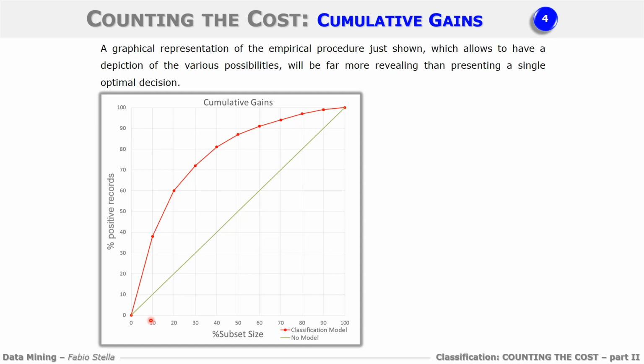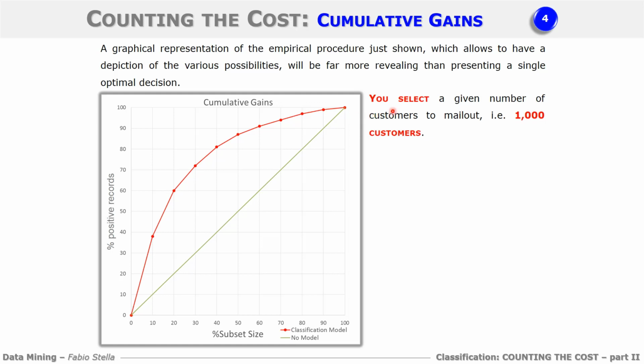So it samples records as belonging to the positive class according to the proportion of individuals that are positive in the original set. The red line is instead associated with the classification model that we want to evaluate and compare using the cumulative gains diagram.